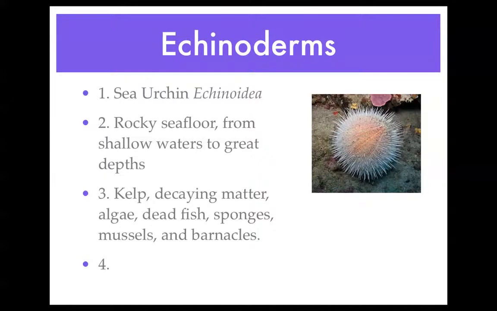Echinoderms. So I picked sea urchin, or Nicodia, as an example. They live on the rocky seafloor from various different depths, and they eat kelp, decaying matter, algae, dead fish, sponges, mussels, and barnacles.